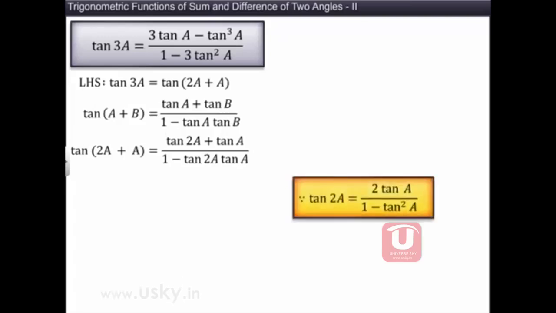Substituting tan 2A is equal to 2 tan A divided by 1 minus tan square A, we get this.